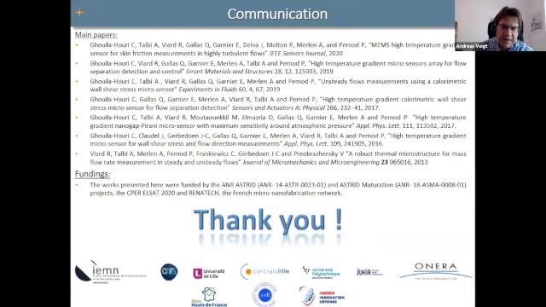Hello. Thanks for the interesting talk. I have one question. I've seen that in your sensor, there is a small pit below the wires. I wondered if this pit can influence the flow, if you have made an estimation that this pit does not disturb your flow. This pit is about 10 microns deep.